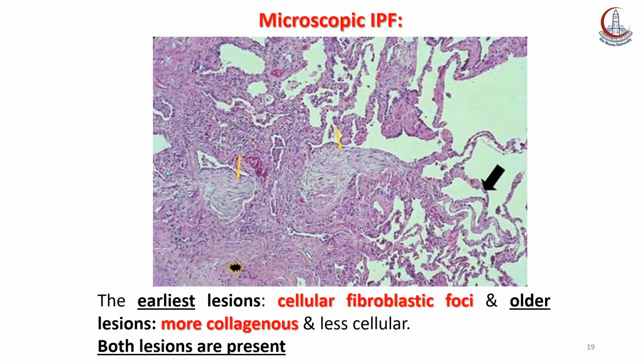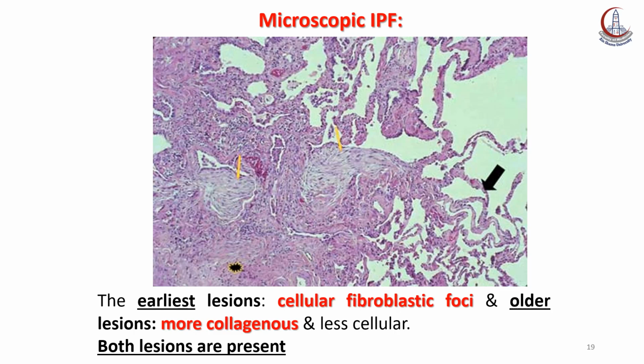Here is an example of the well-formed collagen nodules, more collagen area, which is the old lesion, and a more cellular area containing fibroblasts and myofibroblasts, called cellular fibroblastic foci, which is the earliest lesion.